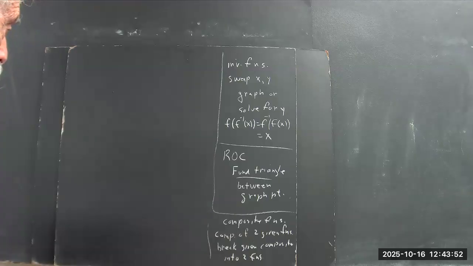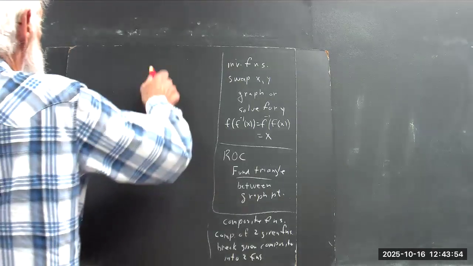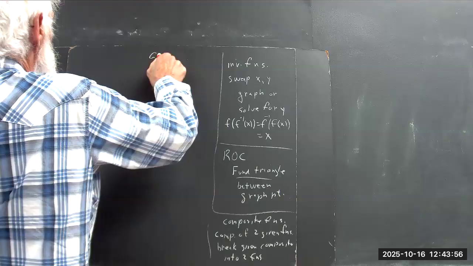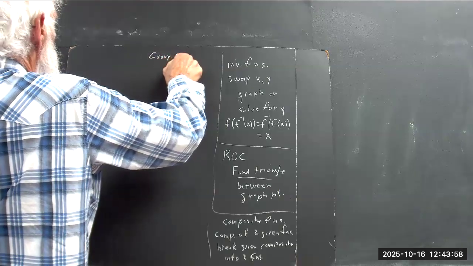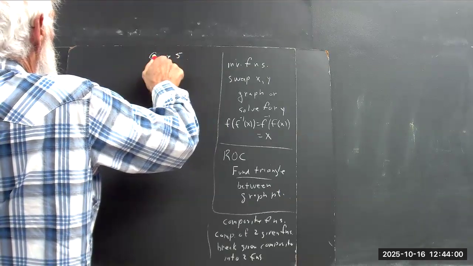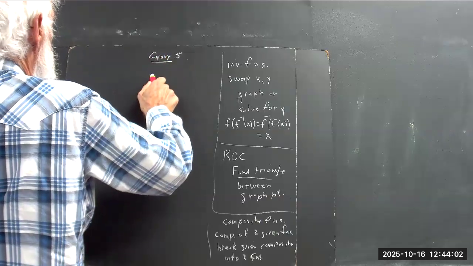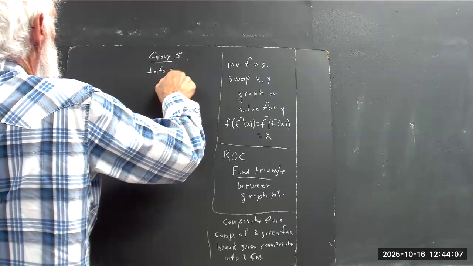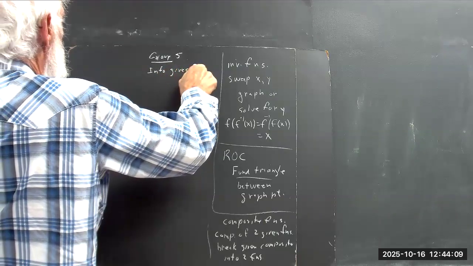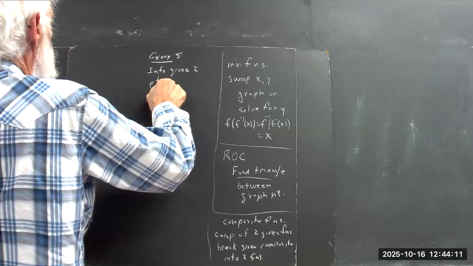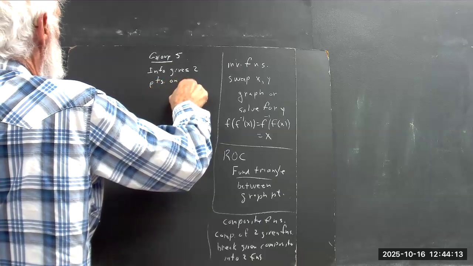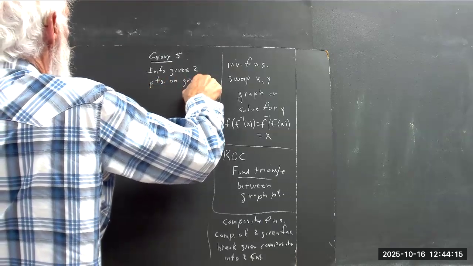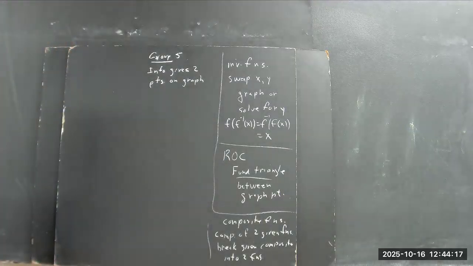There's a problem where there's applied information that gives you 2 points on the graph.